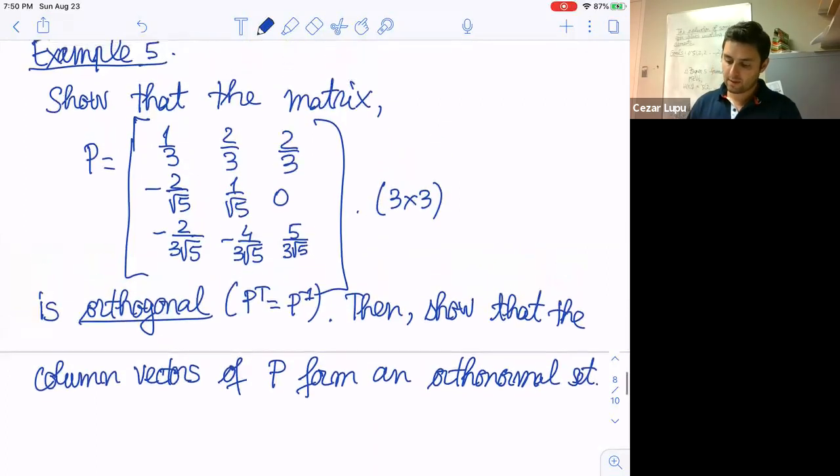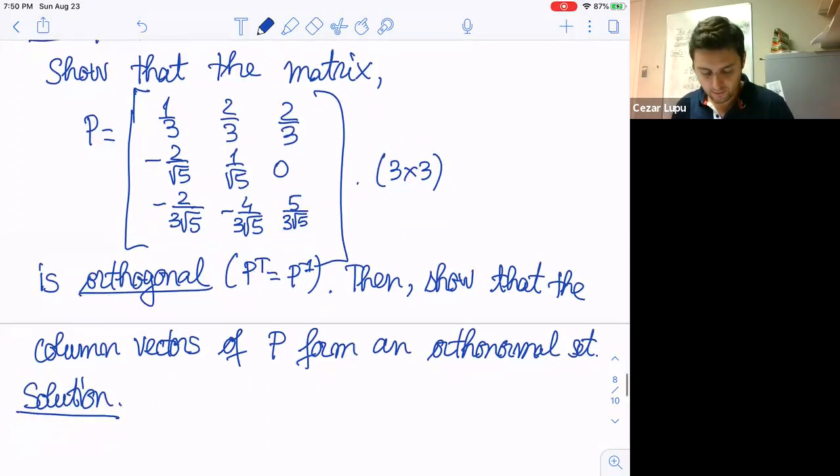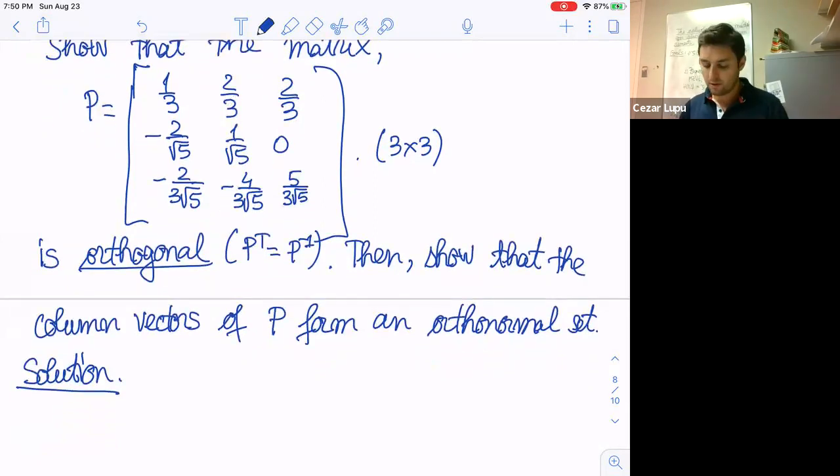Okay, so let's look at the problem. It's quite clear what to do.